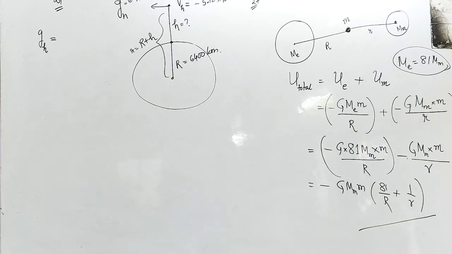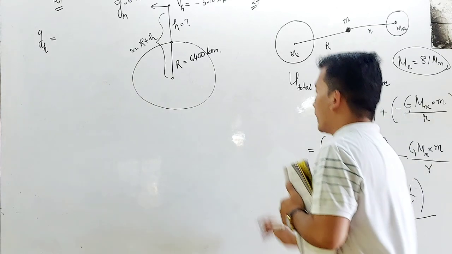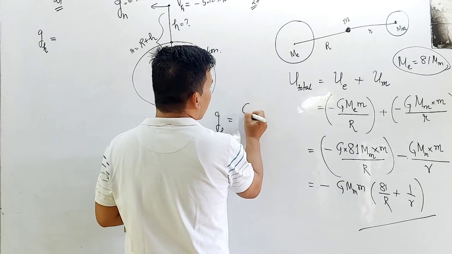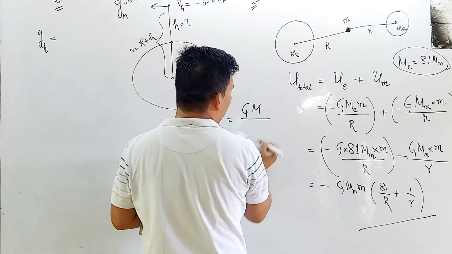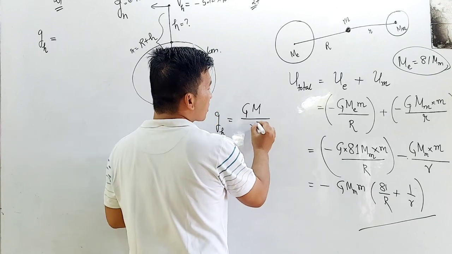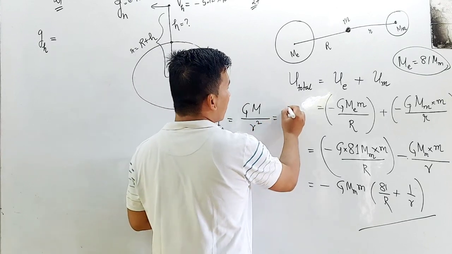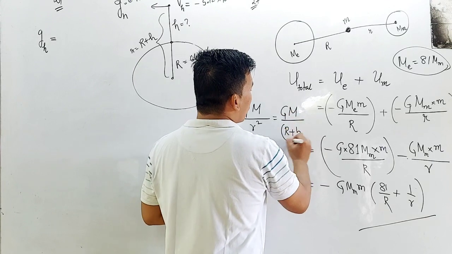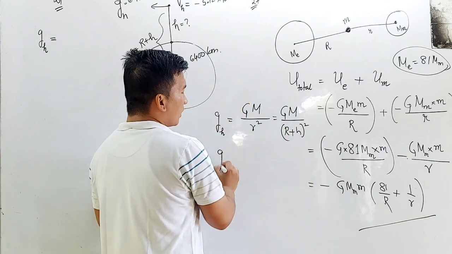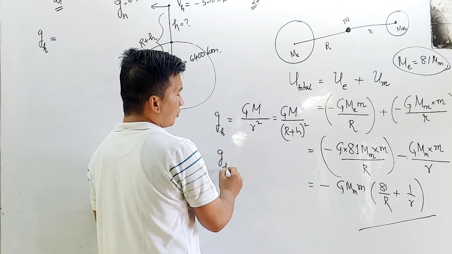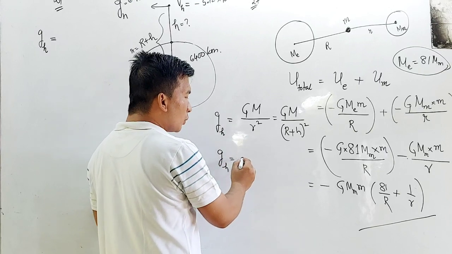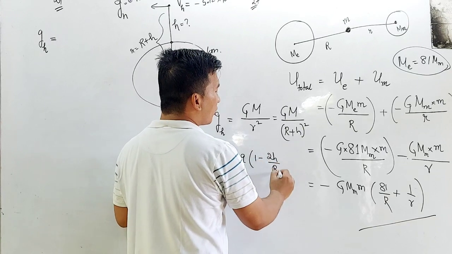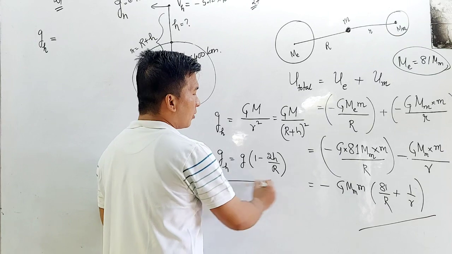Acceleration due to gravity at height h will have two different types of expression: capital G, capital M divided by small r squared, or in short, capital G, capital M divided by r plus h whole squared. And the reduction in the acceleration due to gravity due to height will have this form: g times 1 minus 2h divided by r.